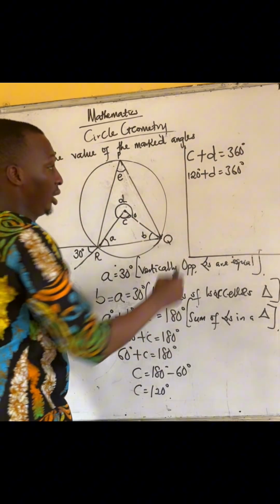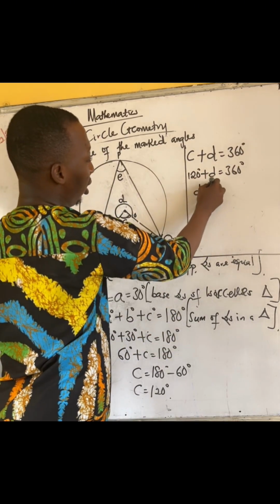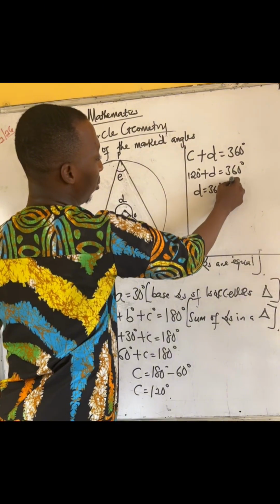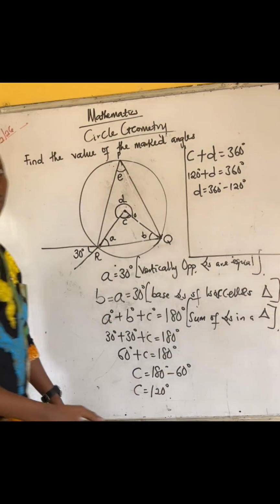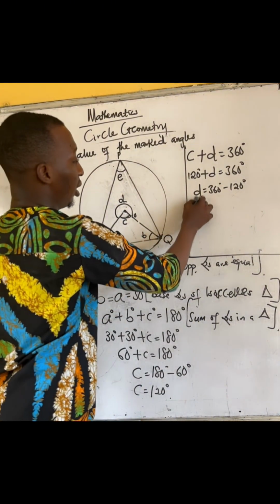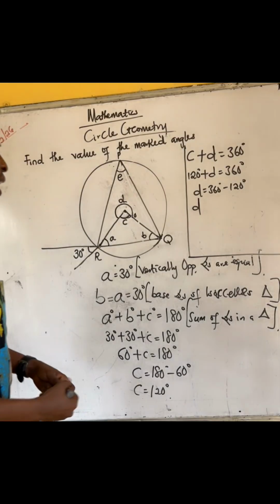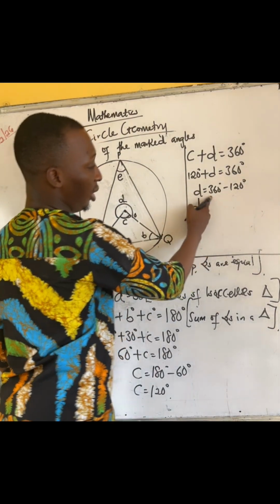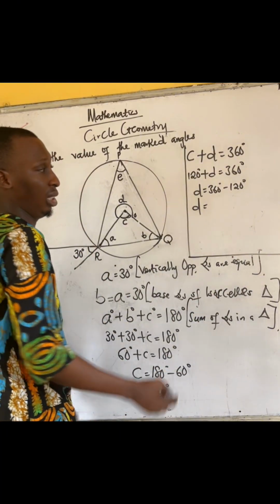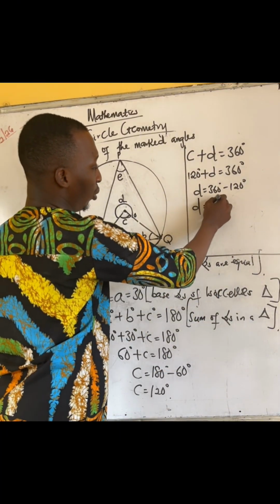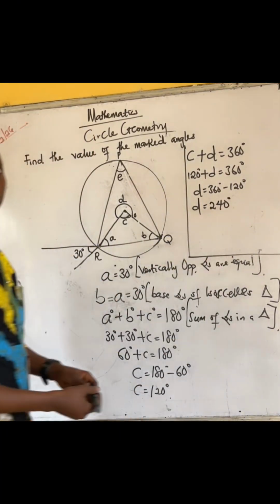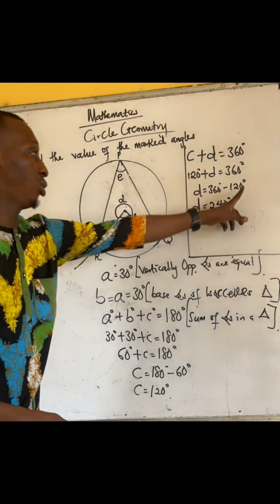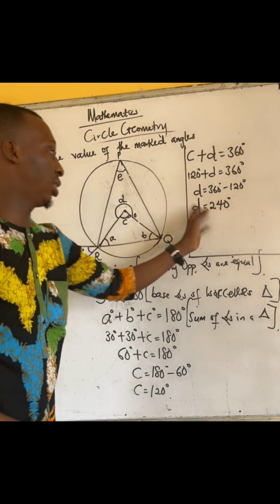Introduce your reason. So that angle D is 360 degrees minus 120 degrees. So that I can equally get D, and once I get my D, I can then get my E. Now, D is 360 minus 120, which is what? 240 degrees. 360 minus 120: 0 minus 0, 6 minus 2, 3 minus 1, answer 240.